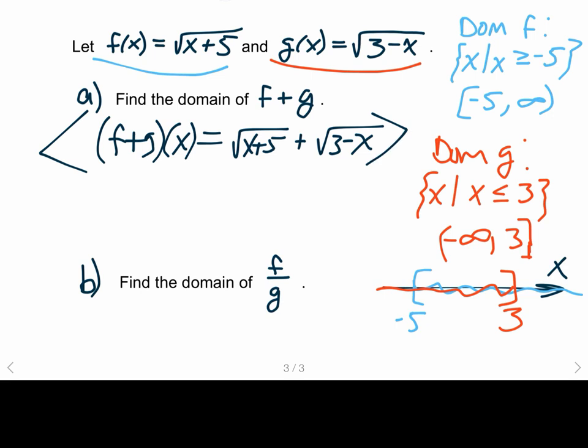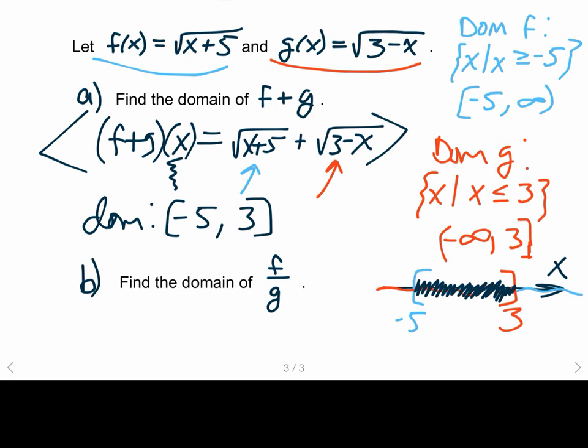If I'm going to evaluate f plus g at a particular x value, though, it's got to be a number that I can put into f and a number that I can put into g. In other words, where we see the interval, it's the overlap. It's the numbers between -5 and 3, including -5 and 3 themselves. Therefore, the domain is square bracket -5 comma 3 square bracket. It's what we call the intersection of the intervals that give the domain of f and the domain of g.